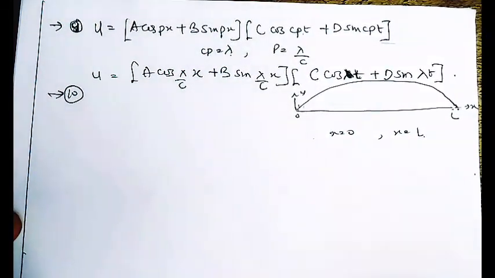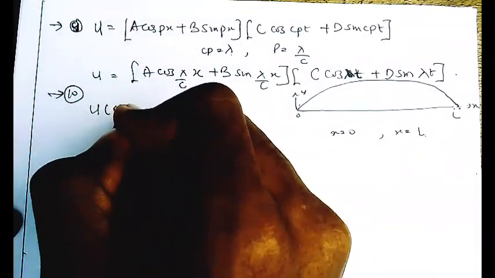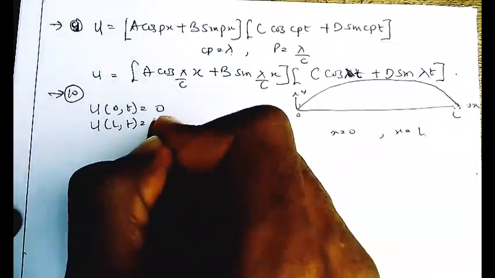So now for a particular wave equation, your boundary condition is going to look like this: u(0,t) is equal to 0 and u(L,t) is equal to 0. What is this trying to say?